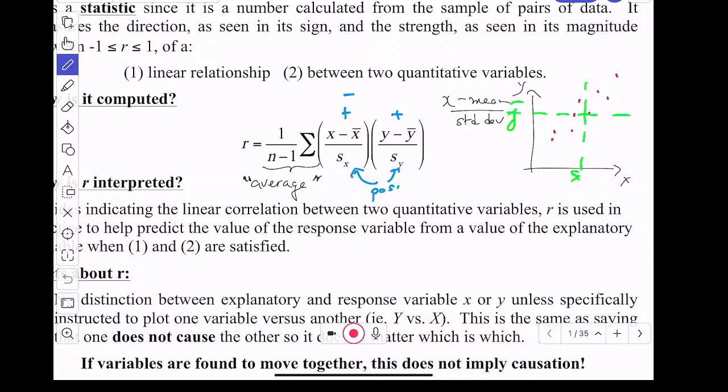These are always positive. So when you have a positive relationship, when x is below its mean, y will also tend to be mostly below its mean. And what's a negative times a negative? A positive. So then you're still adding positives. So it's just a bunch of positives added together to make r. That's how it works.